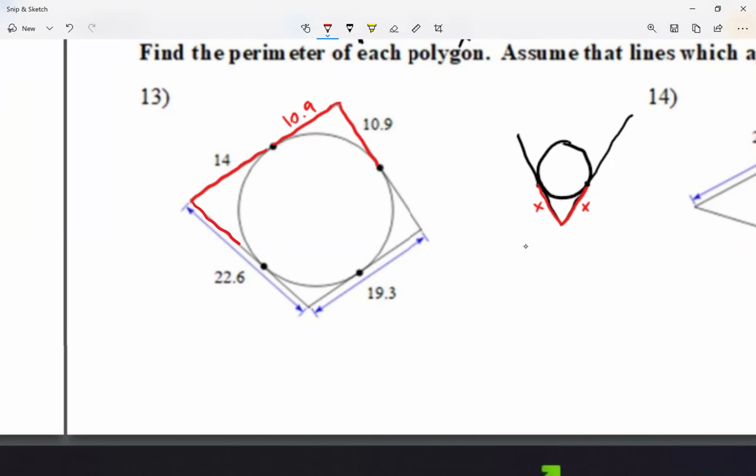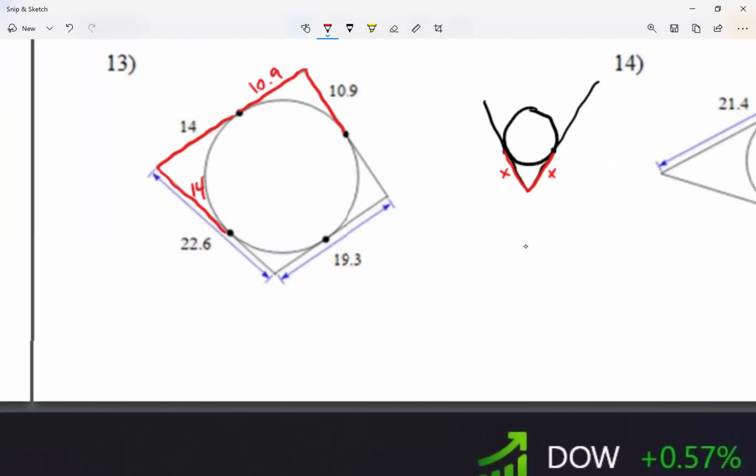So this other tangent segment here will be 14 because they both meet outside. Having that said, I look at these two tangent segments. I don't know the value of either one, so I have to solve for one of them, and I'm going to say they both are equal.